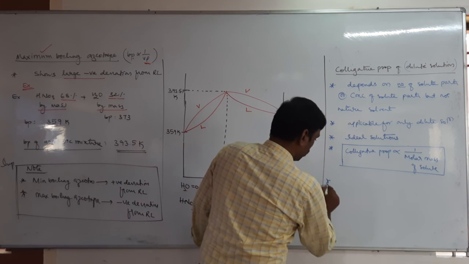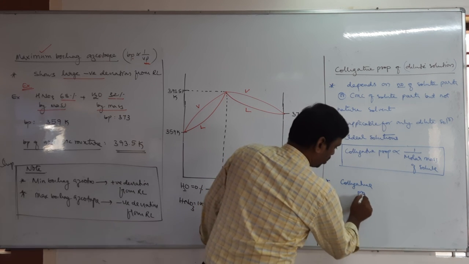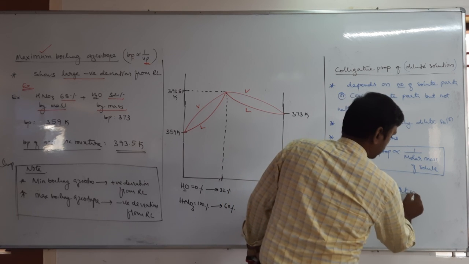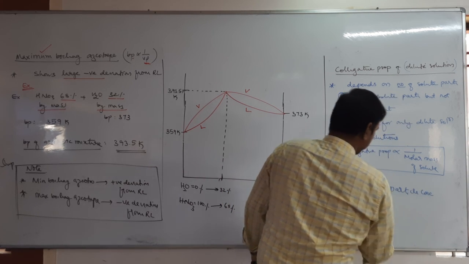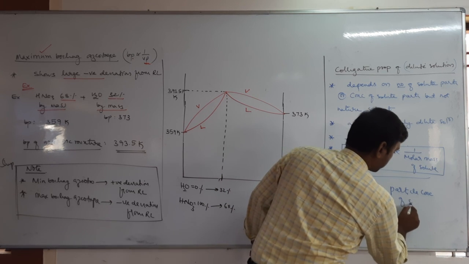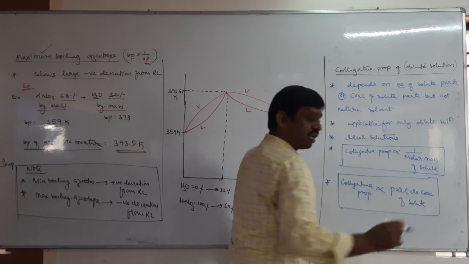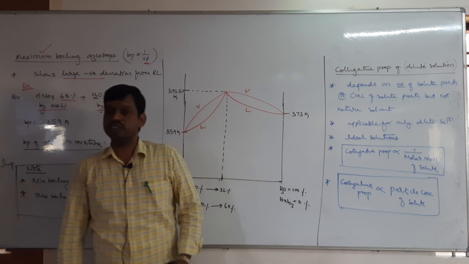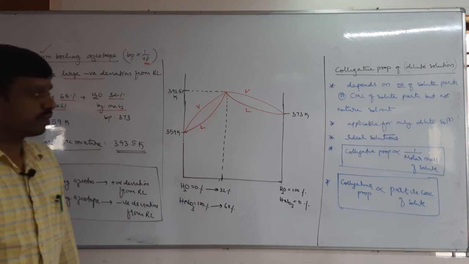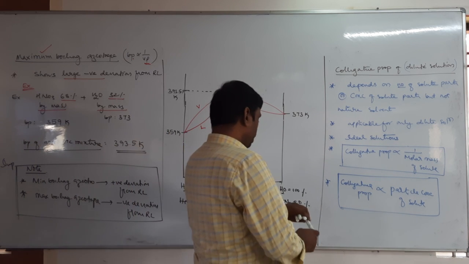Next, colligative properties are also directly proportional to particle concentration. We studied last class what the particle concentration is. As the particle concentration of solute increases, colligative properties increase, right? So now tell me what colligative properties we are going to study.